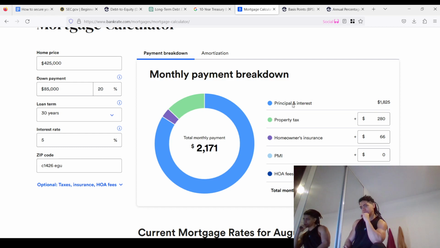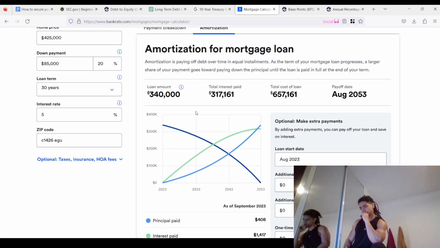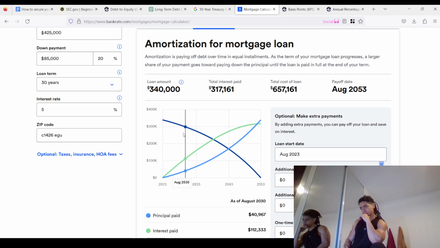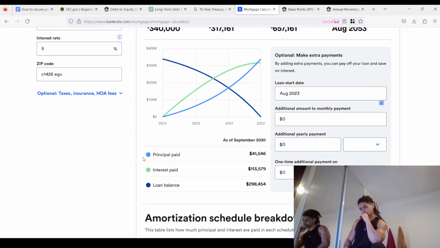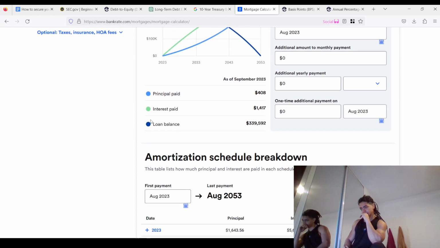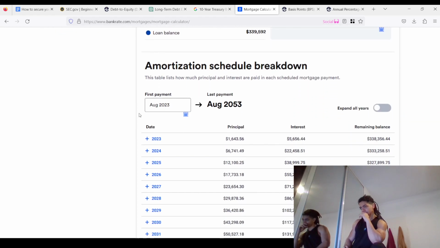So principal and interest, amortization for mortgage loan. Principal paid, interest, loan balance. Amortization schedule breakdown.